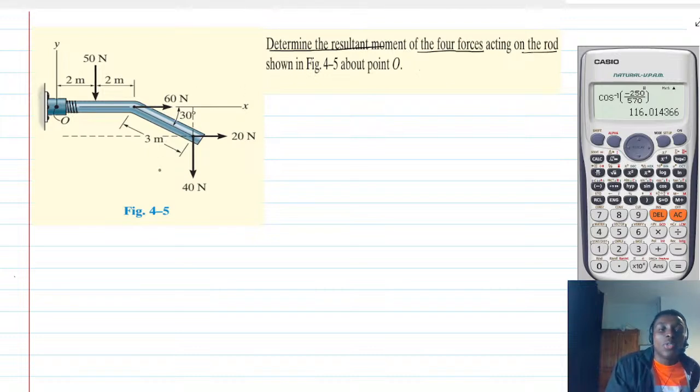So we are just going to basically find the moment of the forces about O. That's the keyword: about point O.